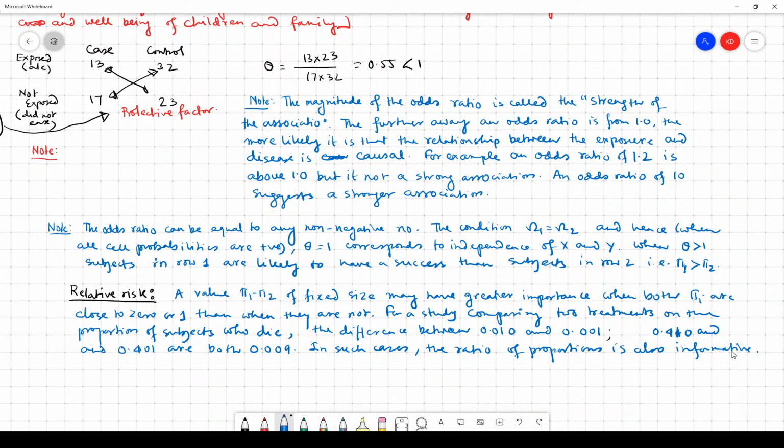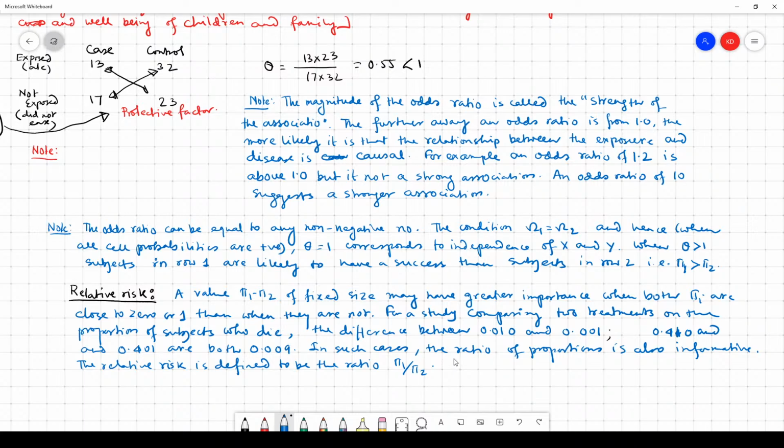The relative risk is defined to be the ratio pi 1 by pi 2.